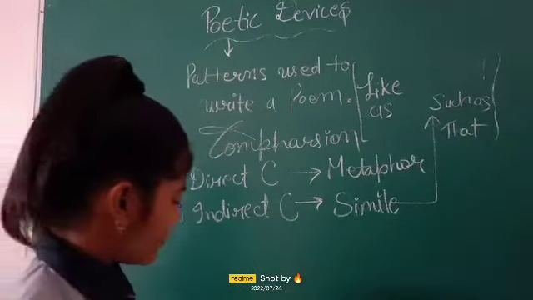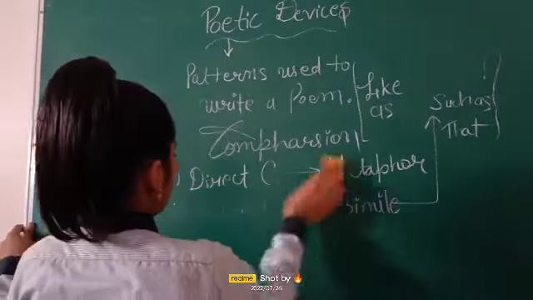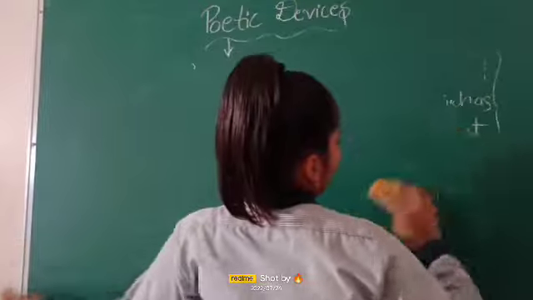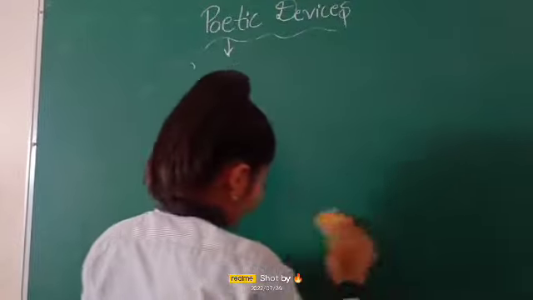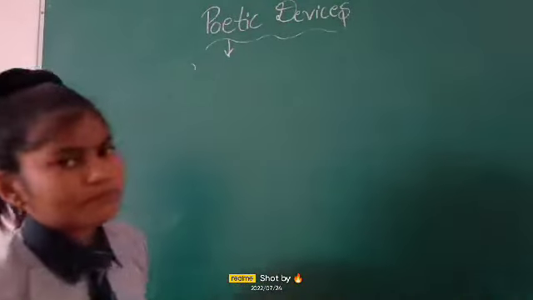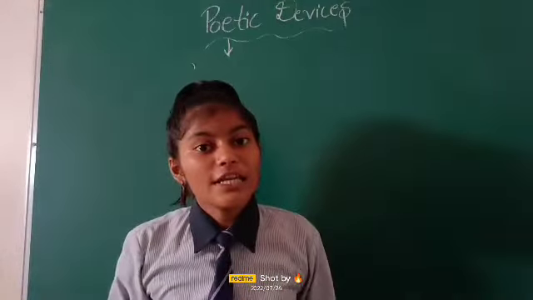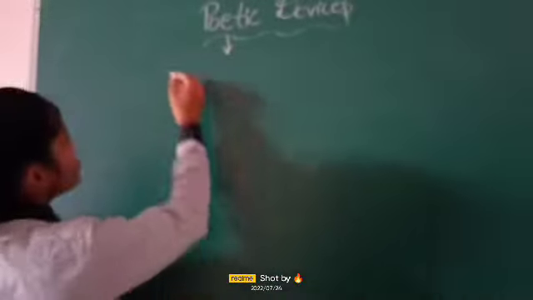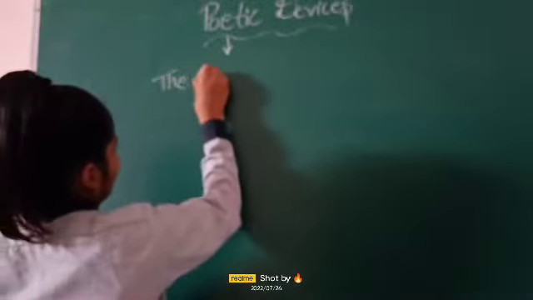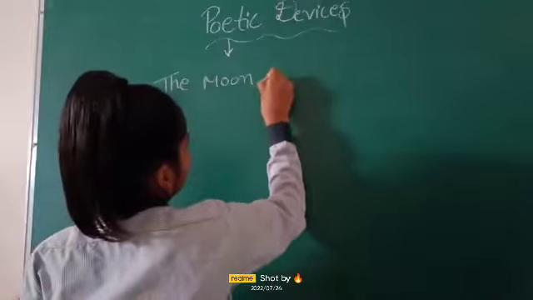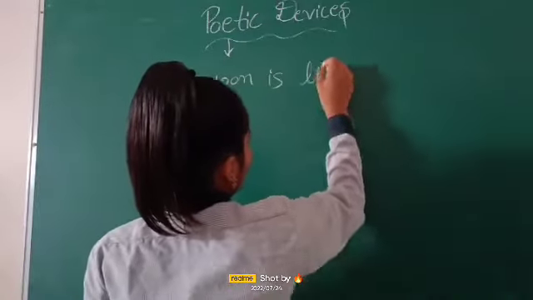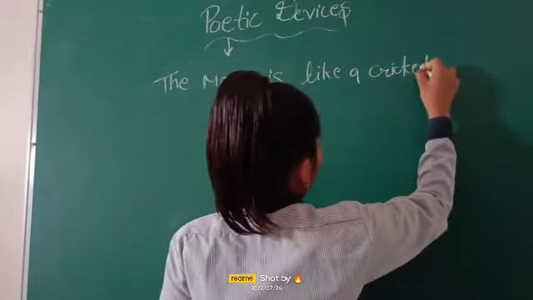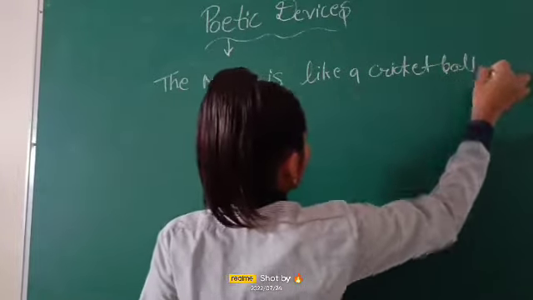Firstly, let me rub this all. Okay, let's take an example of both of these. If I say the moon is like a cricket ball, which poetic device has been used?